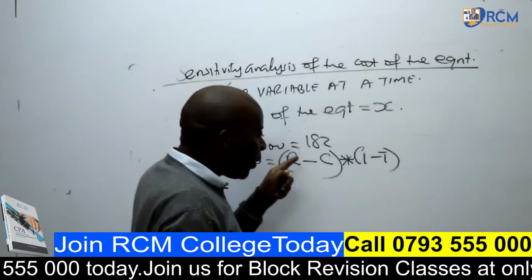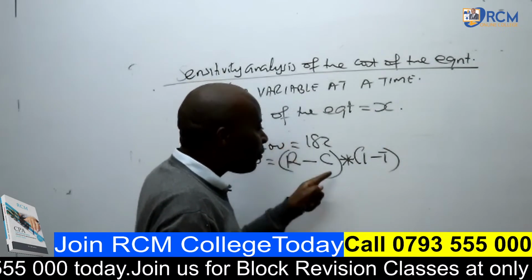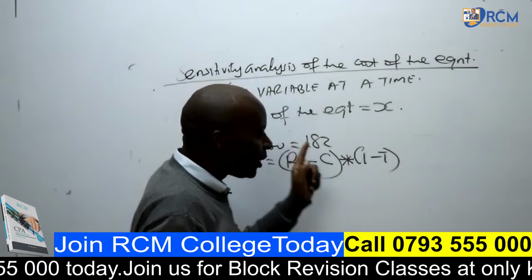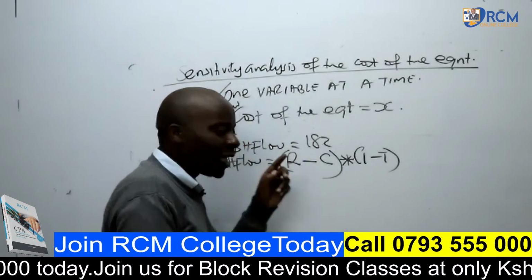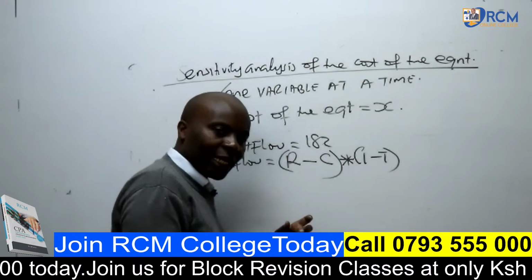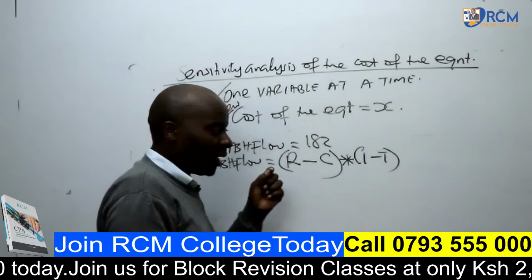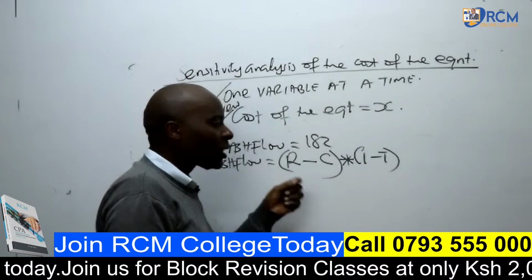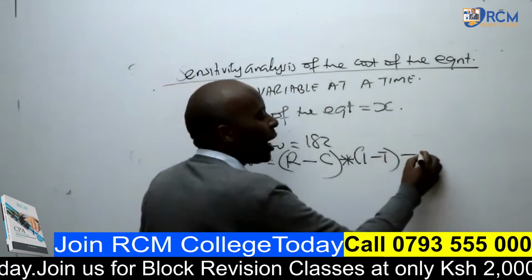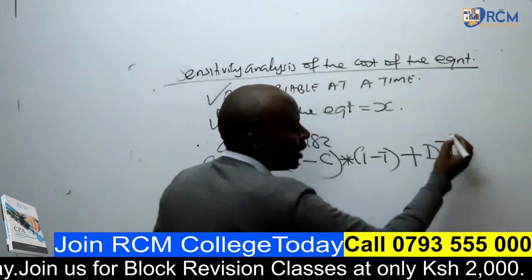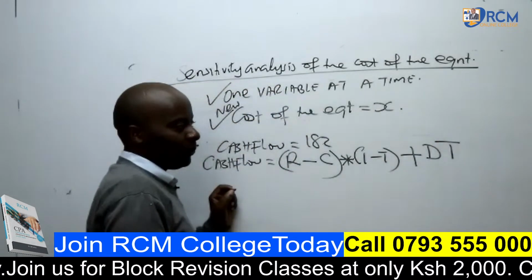Now, if I do it this way, it means that I have not subtracted depreciation. If I take revenue minus cost, I tax directly, I have not depreciated. It means that later on, I must come and add what we call the depreciation tax shield.